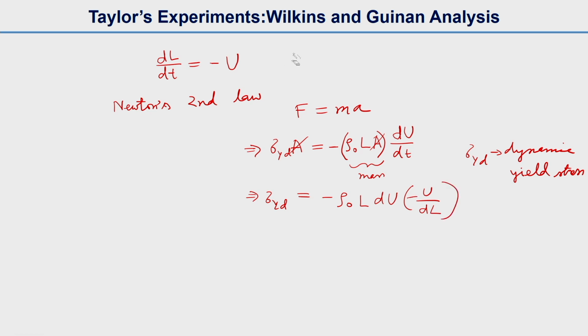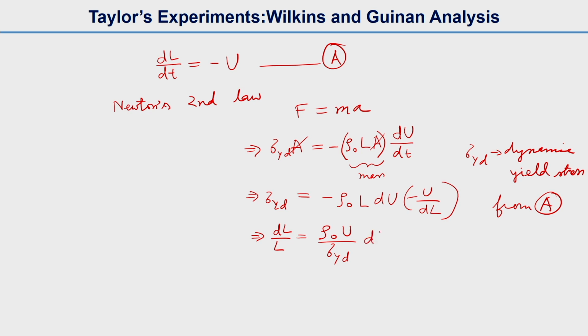So we can rearrange this as dL by L equals rho naught over sigma yd times u du.